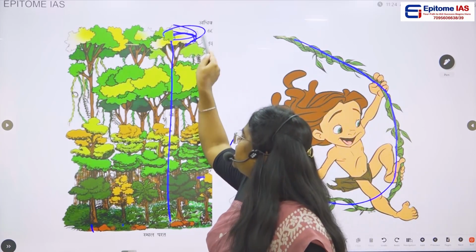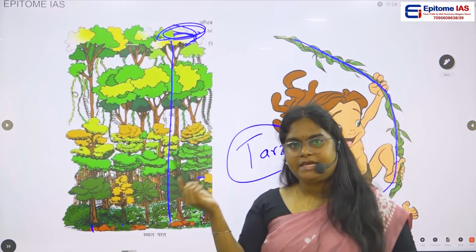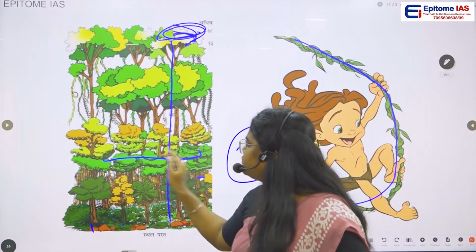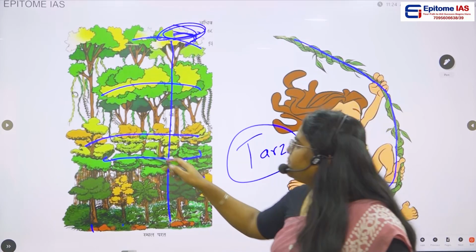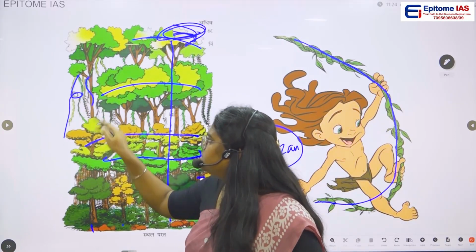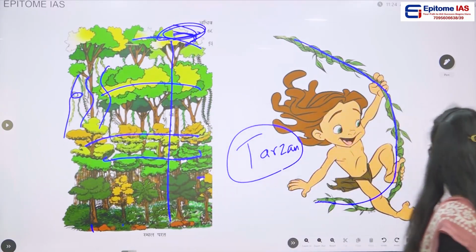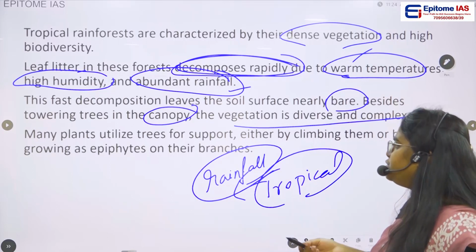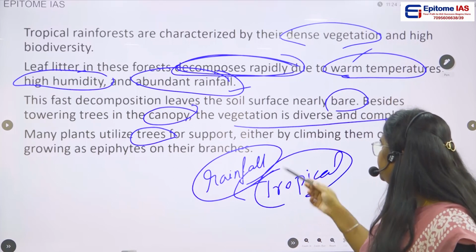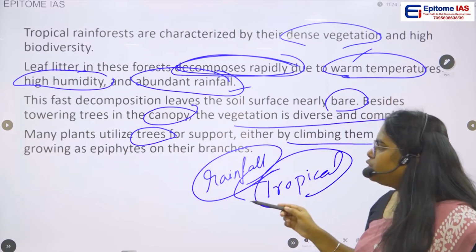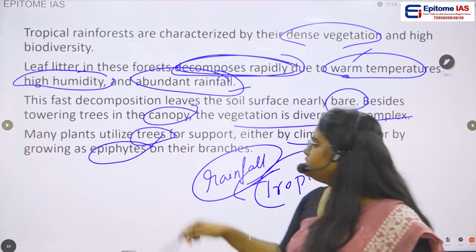They reach great heights, with different layers of canopy. Along with them, there are also climbers. Many plants utilize these trees for support, either by climbing them or by growing as epiphytes on their branches.